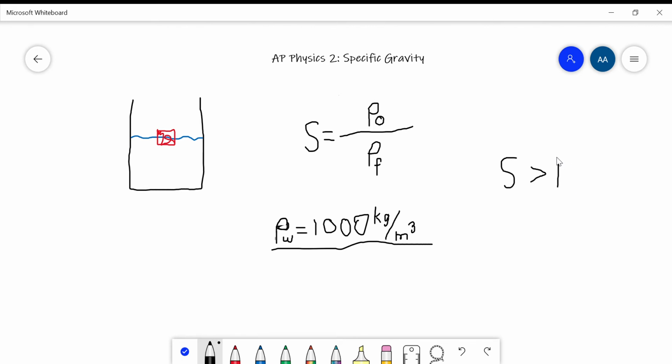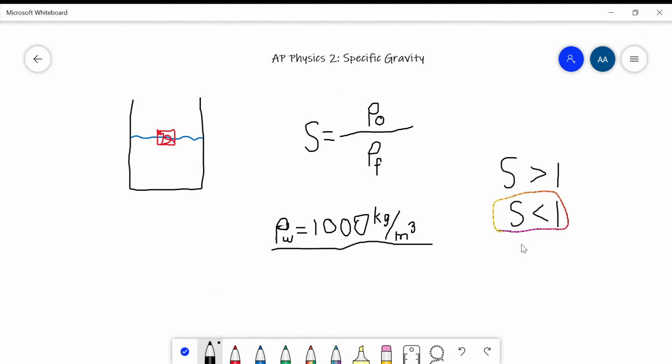If it's less than 1, then it will float. And I'm going to put some rainbow ink around it because I'm going to come back to this.